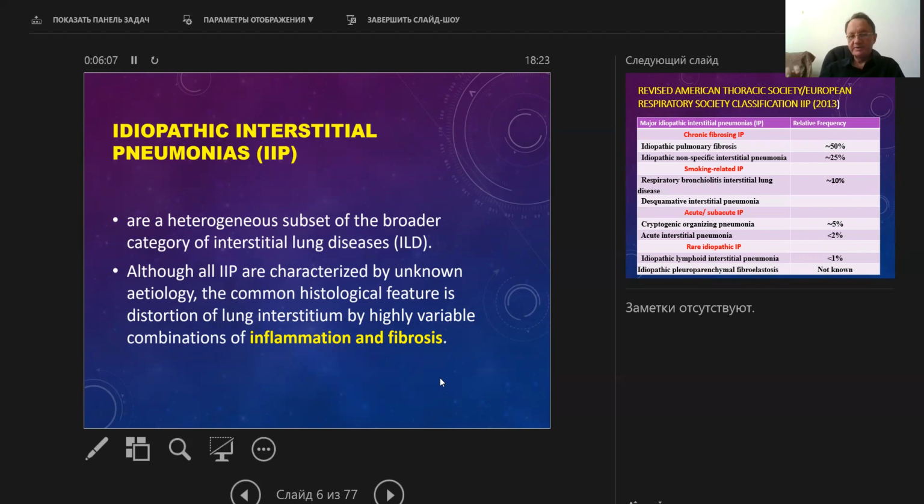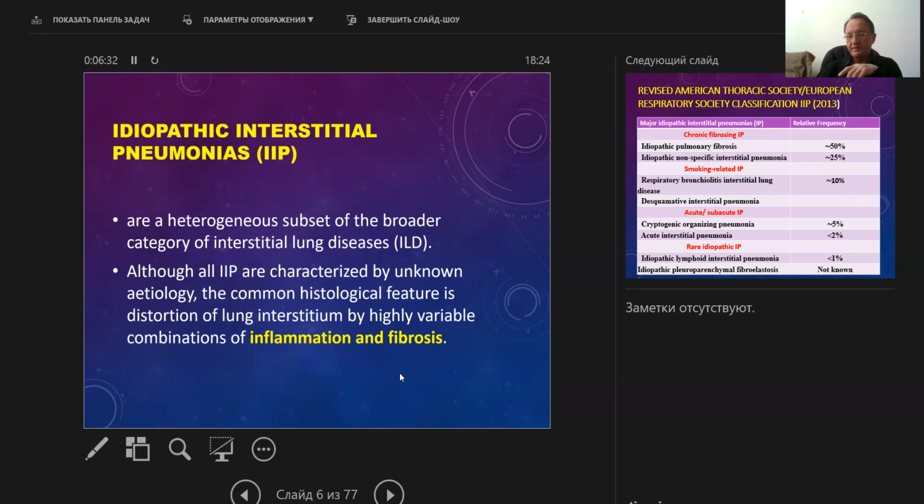It is very important to know the ratio between inflammation and fibrosis, because some idiopathic interstitial pneumonias, like idiopathic pulmonary fibrosis, have only fibrosis.